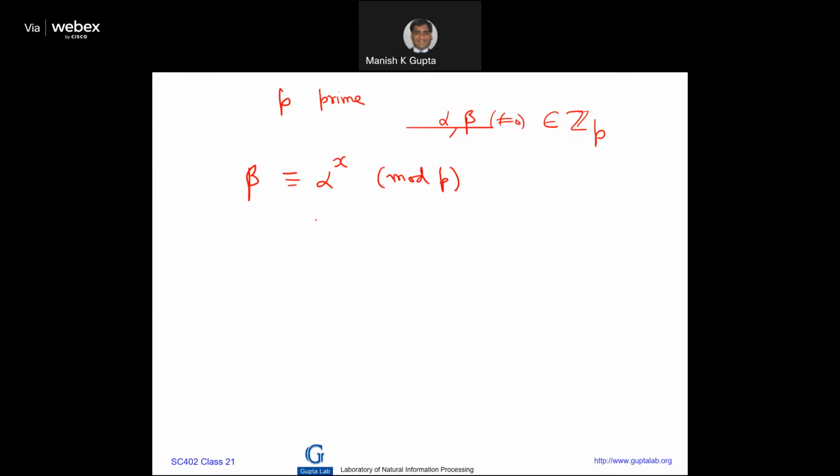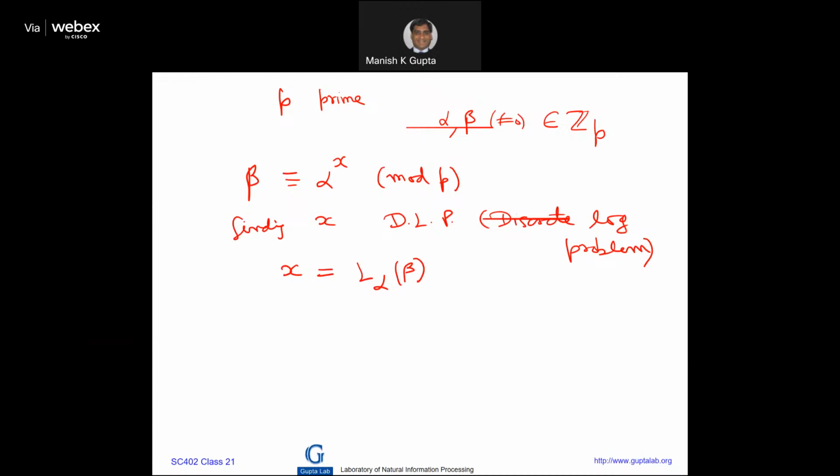The problem of finding x is known as the discrete log problem, DLP. We can define it: x is what we call the discrete log.